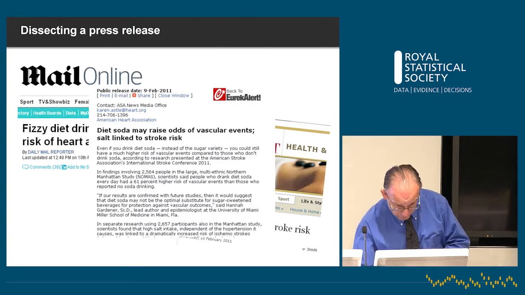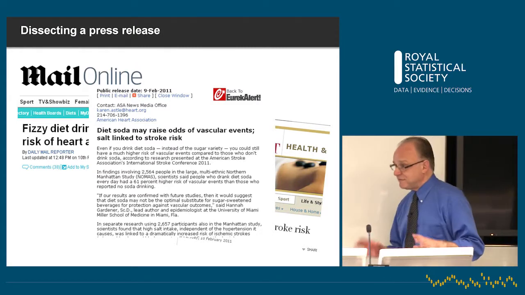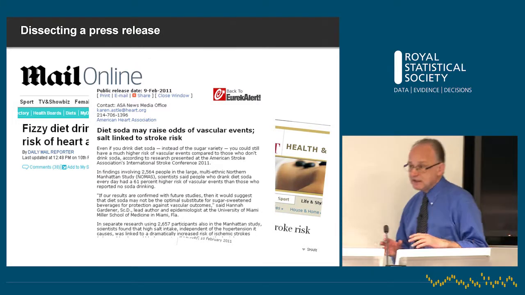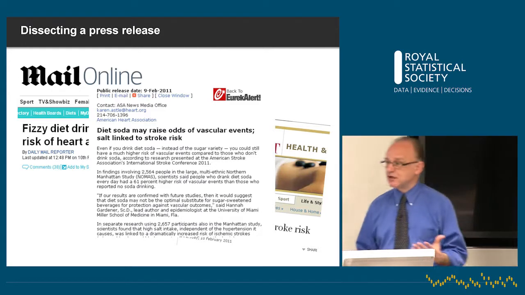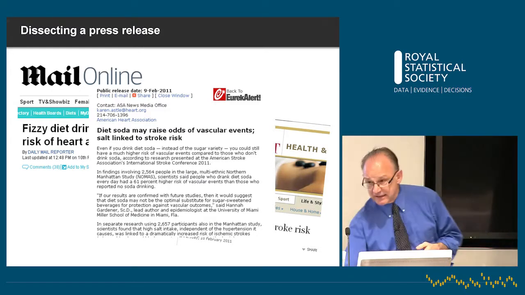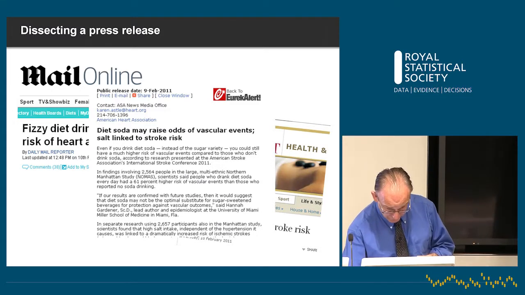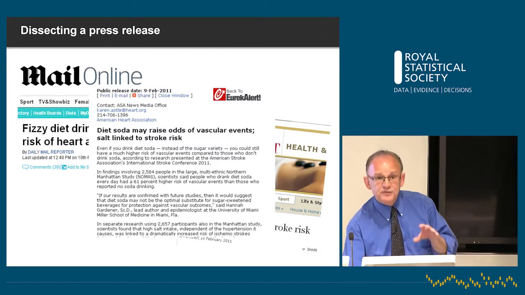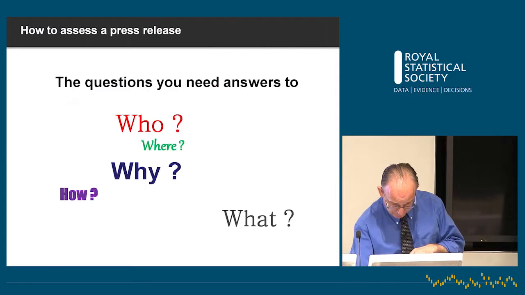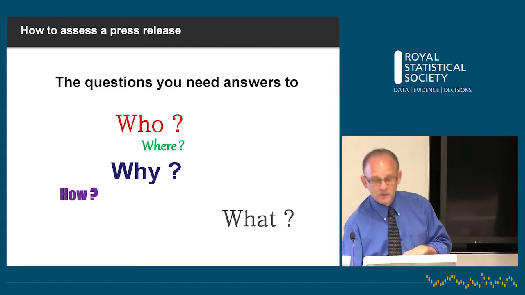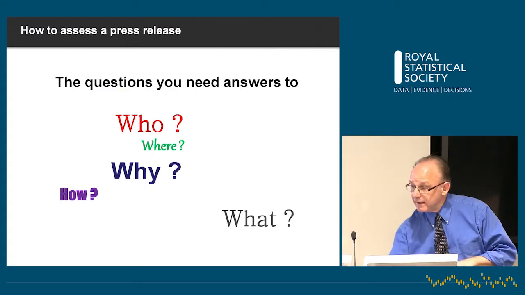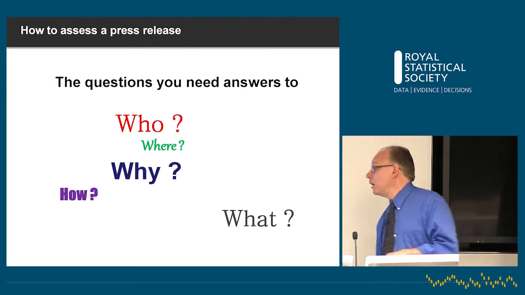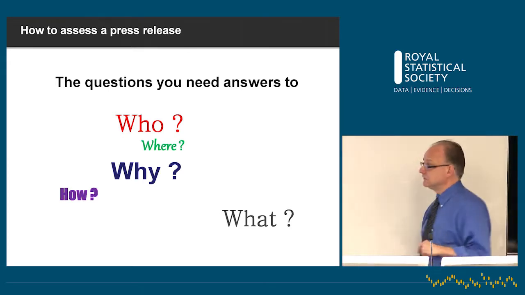To give you a bit of a framework for this, I'm going to give you the classic questions that every journalist asks about any story that they get involved in. And I want you to apply this using your instincts to this particular press release. They are who, where, why, how, and what.